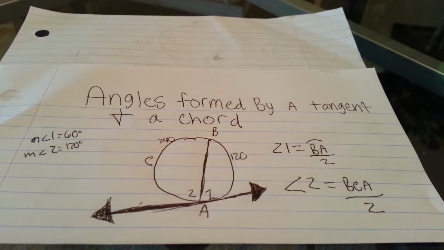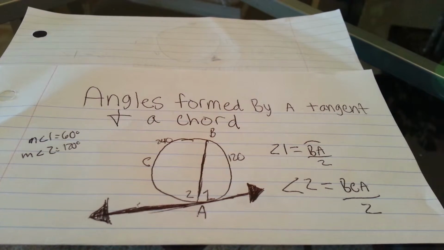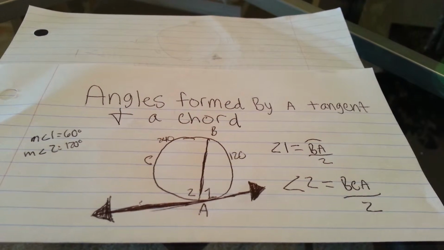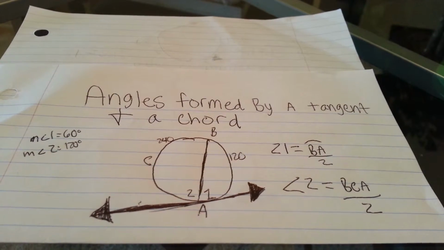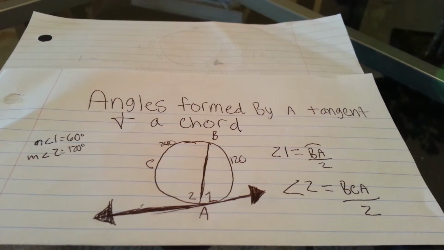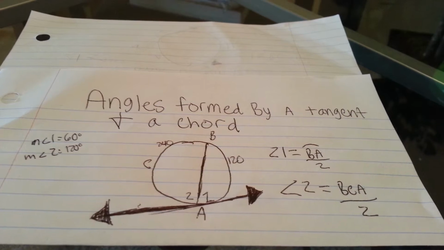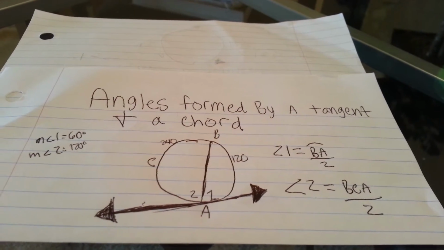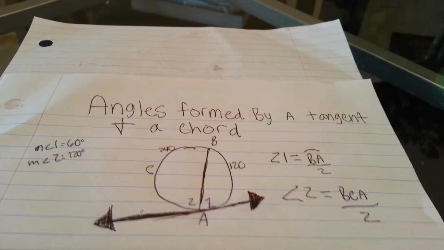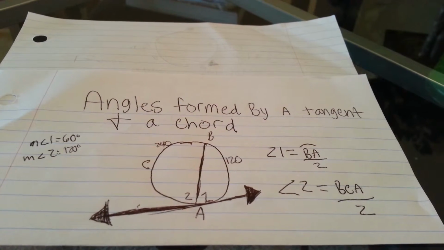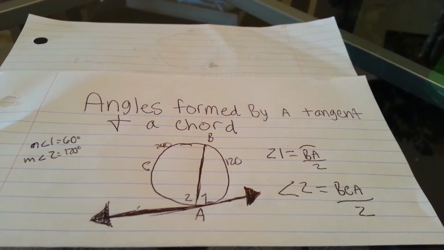And for angle 2, you will do the exact same thing, but you will be using 240 degrees as your arc. And if you divide 240 degrees by 2, you will get 120 degrees for angle 2. And once again, this is angles formed by a tangent and a chord.